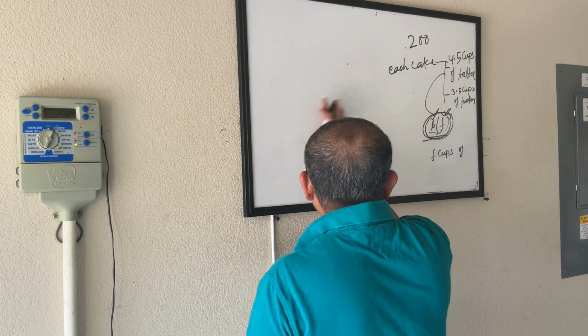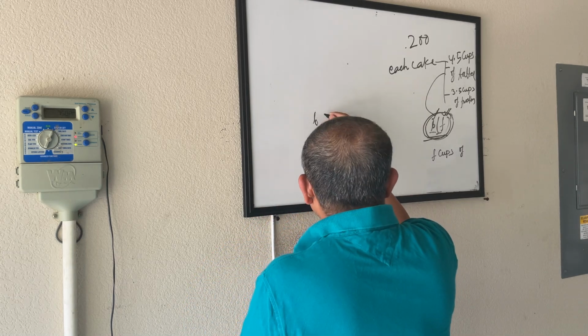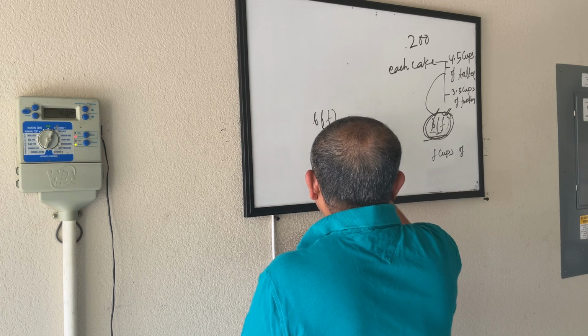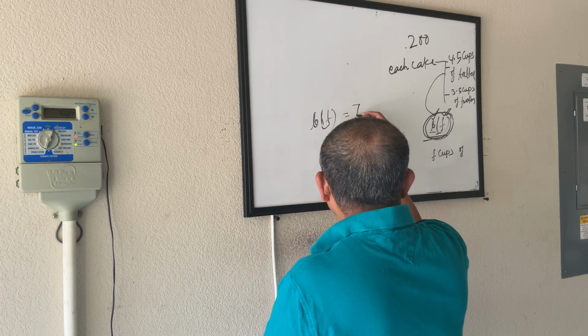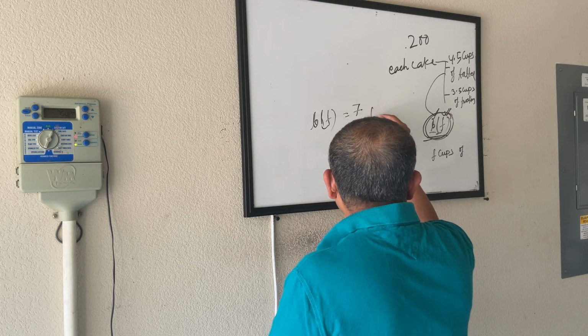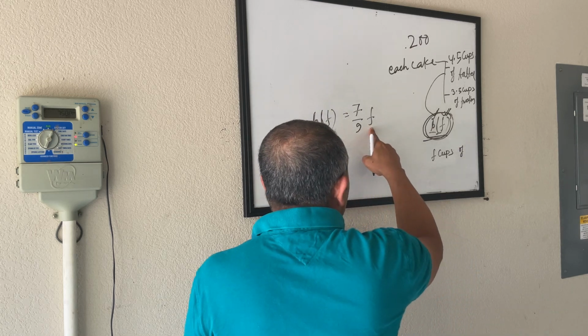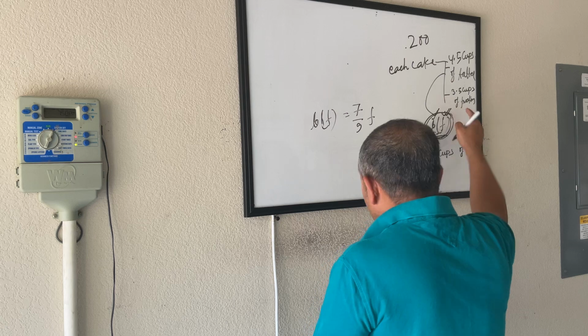These are the options given to us. Option 1: B of f, the number of cups of batter, equals 7 by 9 of f, where f is the number of cups of frosting.